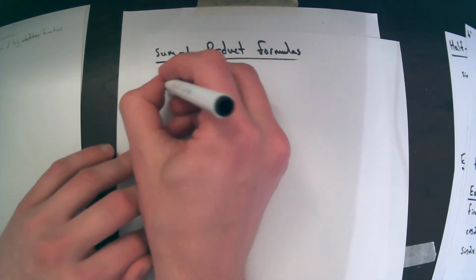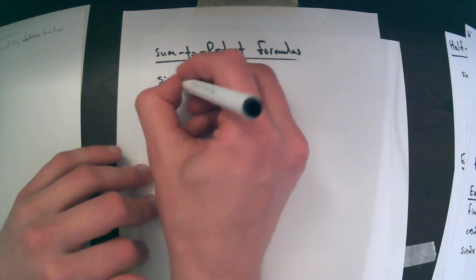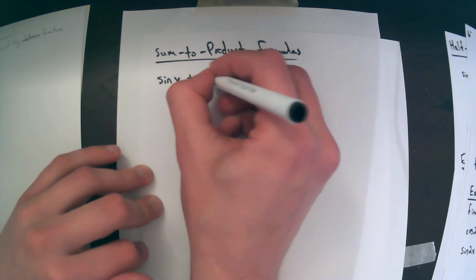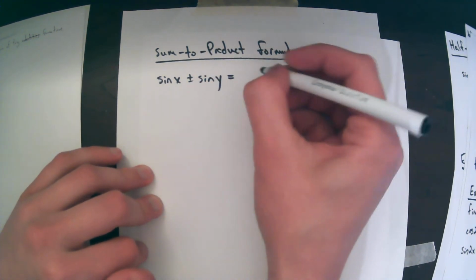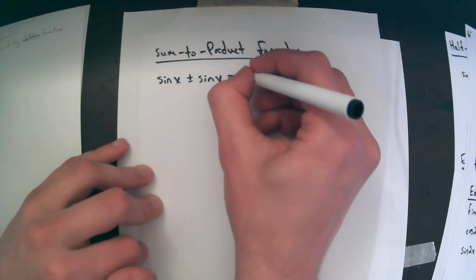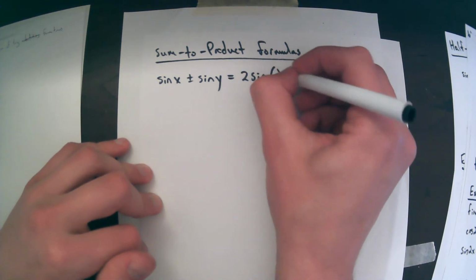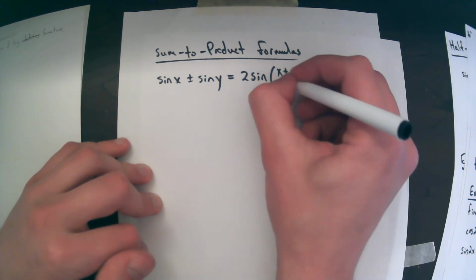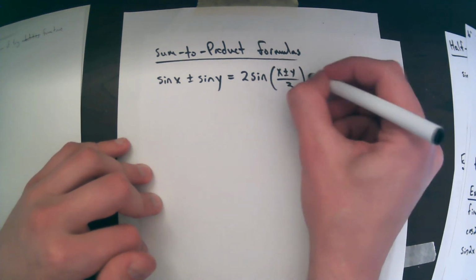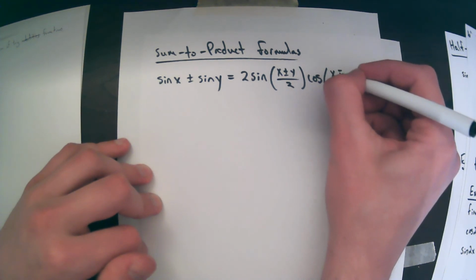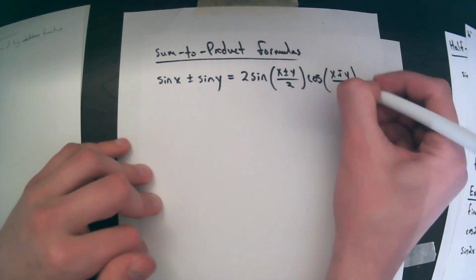So now we're going from a sum or a difference. If I have sine x plus or minus sine y, that will be equal to 2 times sine of (x plus or minus y) all over 2 times cosine of (x minus or plus y) all over 2.